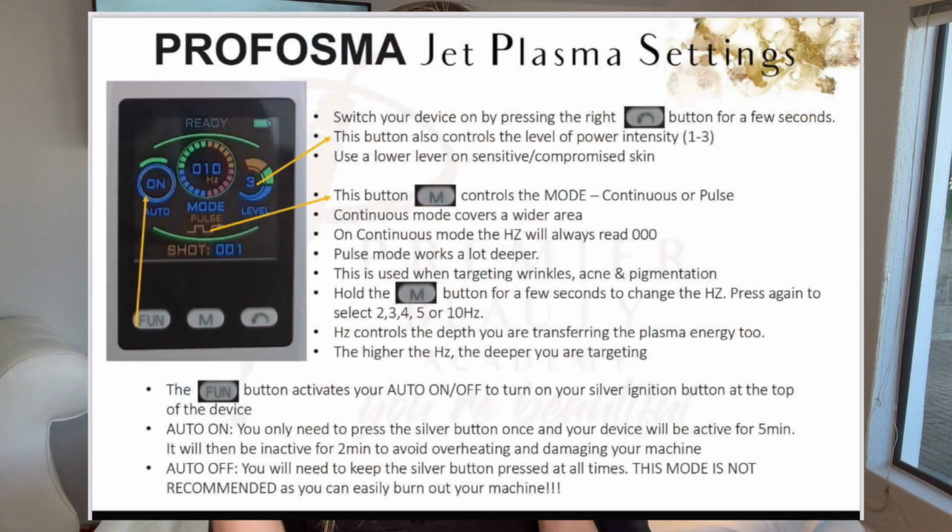Okay, but anyway, the device comes with two modes, a continuous and a pulse mode. Now, it also comes with a level and a hertz. The higher the hertz you put on your pen, the deeper the penetration is going to be. The higher the energy, so you get energy or power 1, 2, and 3, 3 being your highest, 1 being your lowest.